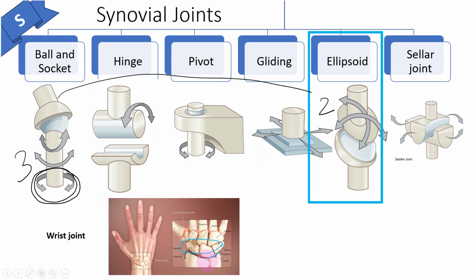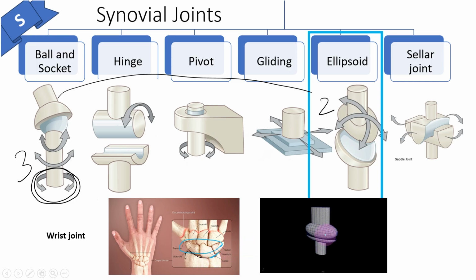So the wrist joint typically has a cupping surface. Okay, there is a cupping surface, and these are the carpal bones. The carpal bones are forming that ovoid structure. Okay, this is the ovoid structure. The cupped surface is formed by the radius and the fibrocartilage. So it will allow only 2 movements. You can see one axis of movement like this, and another axis of movement in this way, but not rotatory movement.